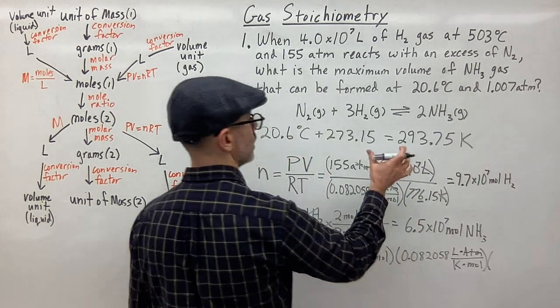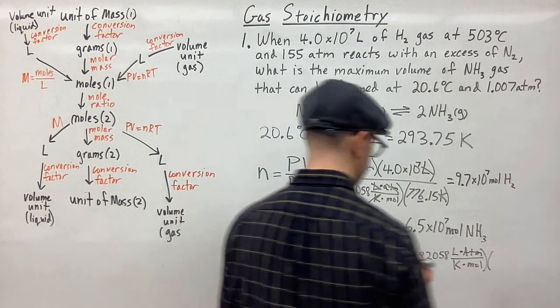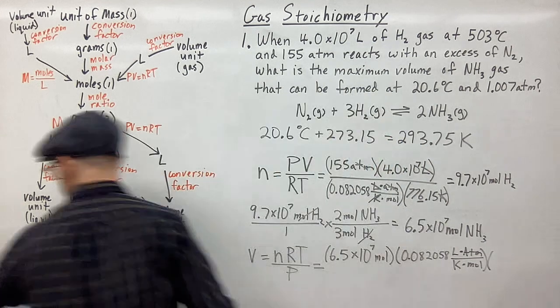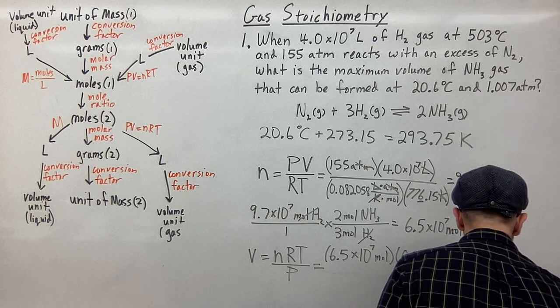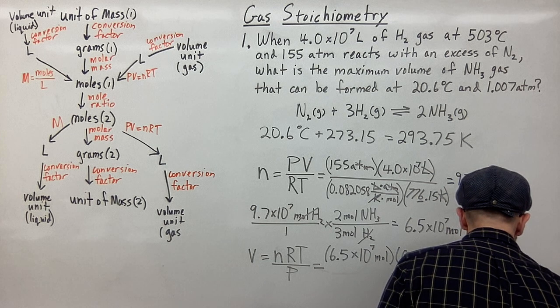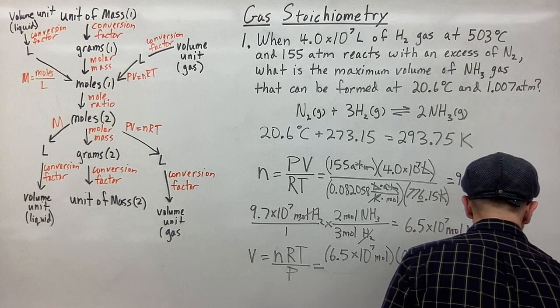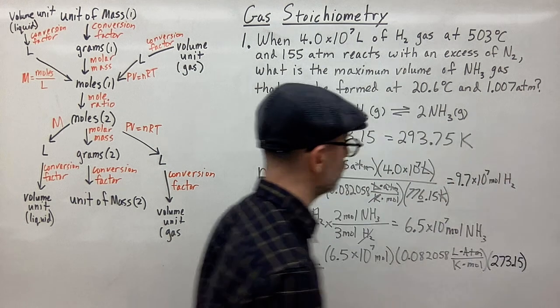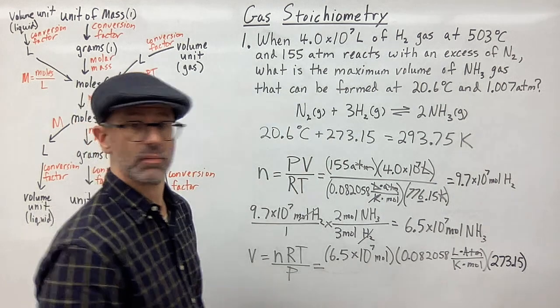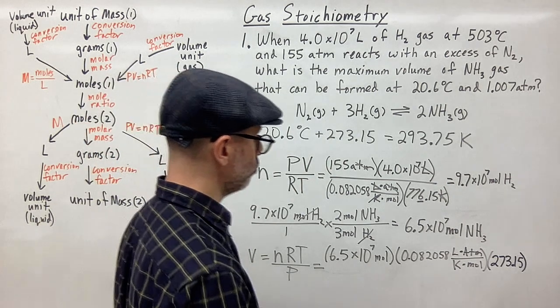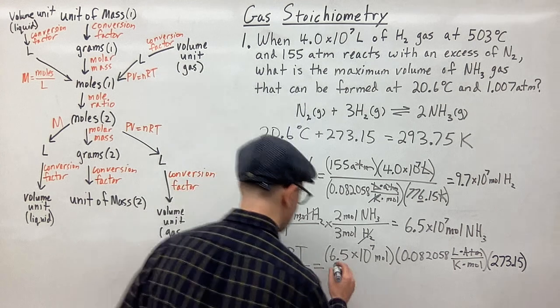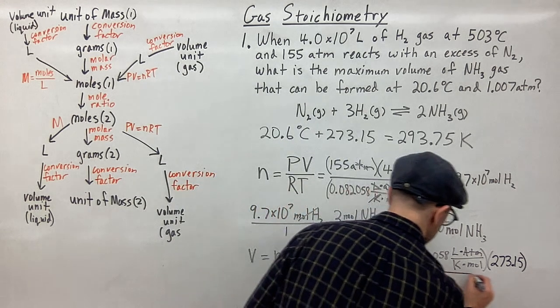Again, the temperature is 293.75. Let me use a different marker here. 273.15. Oh, that's a much better marker. Okay. And then I'm going to divide this by the pressure.